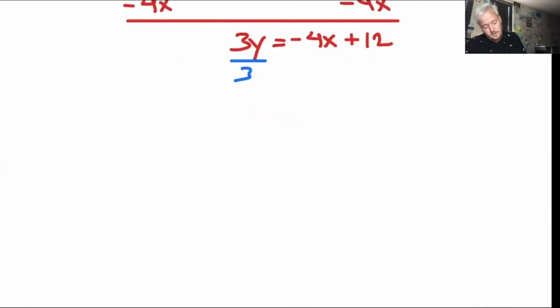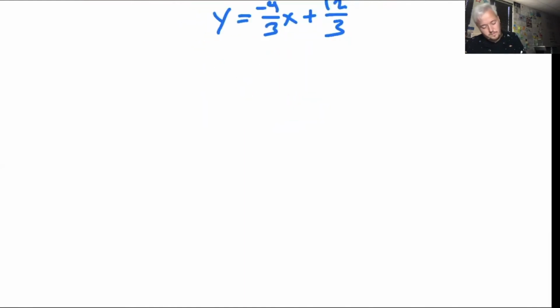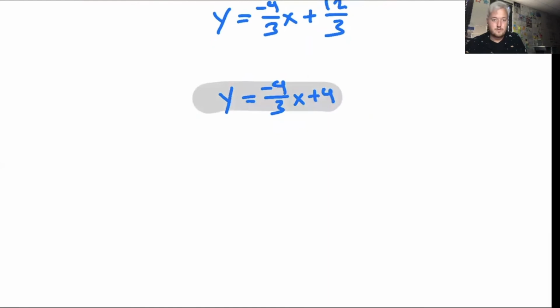Now divide by 3. So y equals -4/3 x plus 12/3. So I'm going to simplify. So -4/3 x plus 4. Why is my handwriting so terrible?